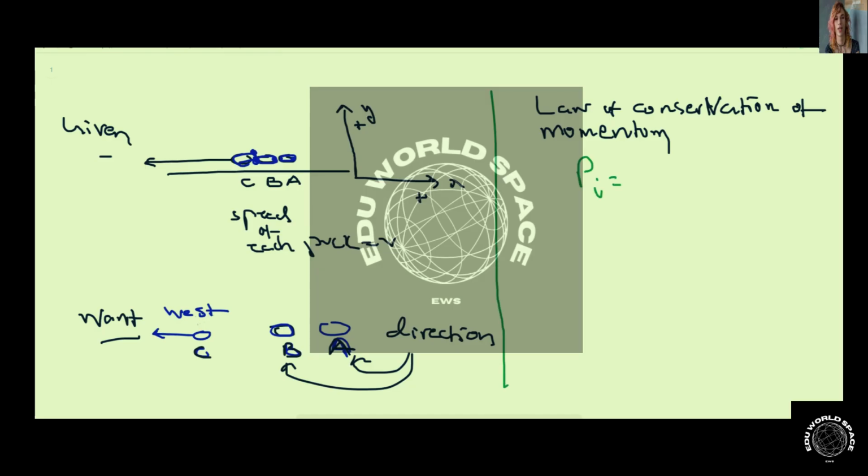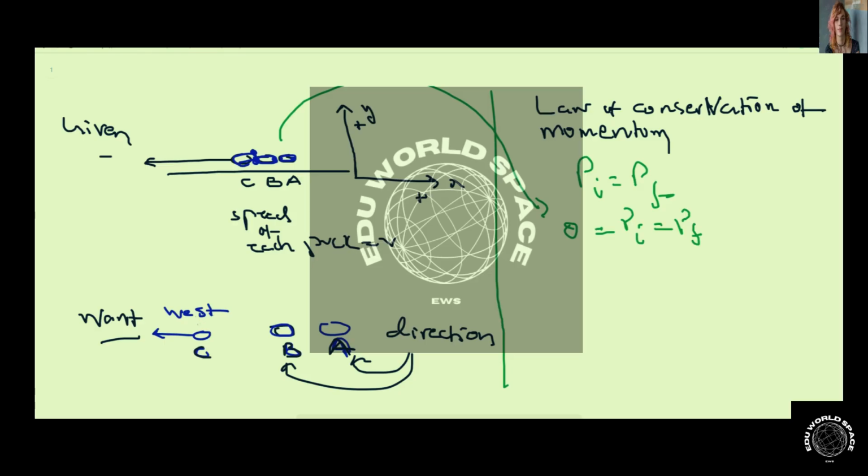So P initial equals P final. But remember, the pucks are not moving, so P initial is 0, and that's going to be equal to P final. So they're all 0.